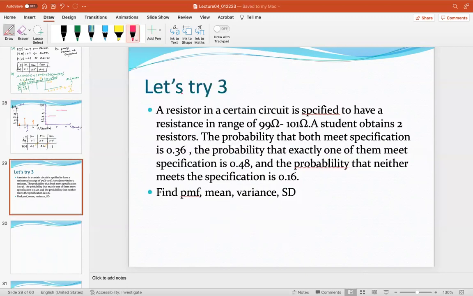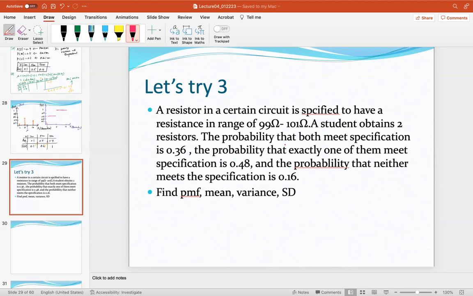Next, we move to question number 3. A resistor in a certain circuit is specified to have a resistance range of 99 to 101 ohm. A student obtained 2 resistors. The probability that exactly one of them meets specification and the probability that neither meets specification is 0.16.